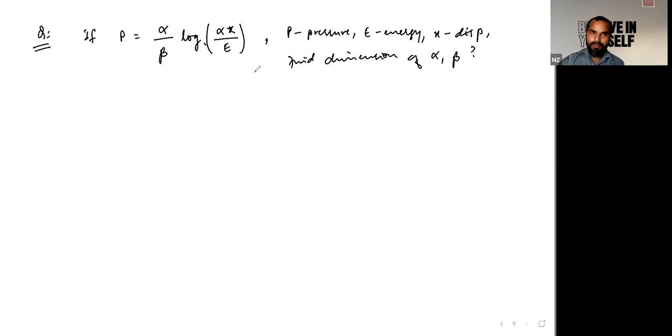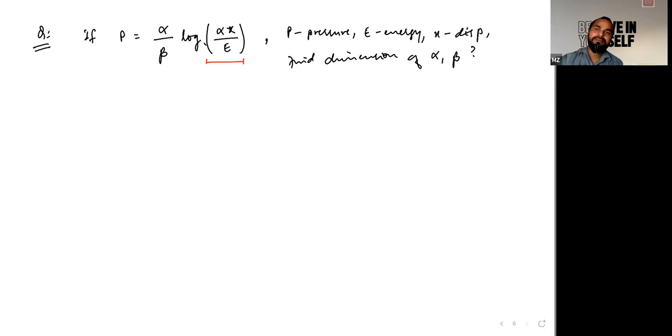How would you all approach this? As we have discussed in the last part, the log of any particular term will represent a number. And as we know, a number is a dimensionless constant. So put this part to 1. And from this, as we know x is displacement, and we have the dimension formula for energy, we would be able to calculate the dimension formula for alpha.